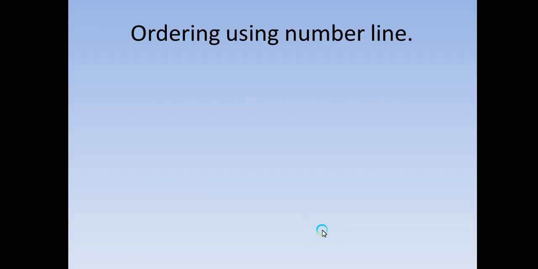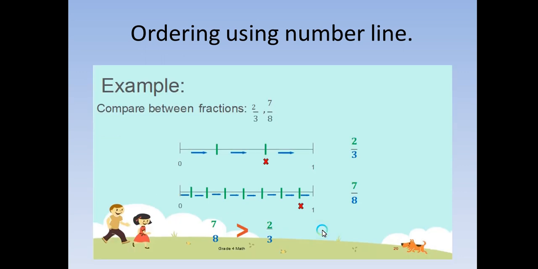So we're going to order using number line. We want to compare between fractions 2/3 and 7/8. Which one is bigger? Okay, now here we have 1, 2, 3. We have 3 parts.